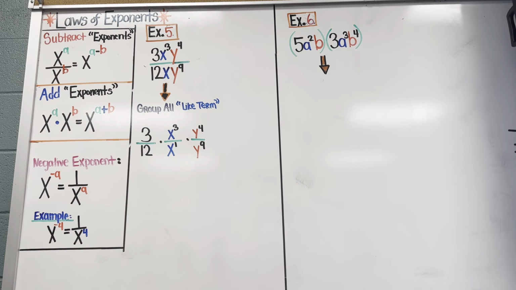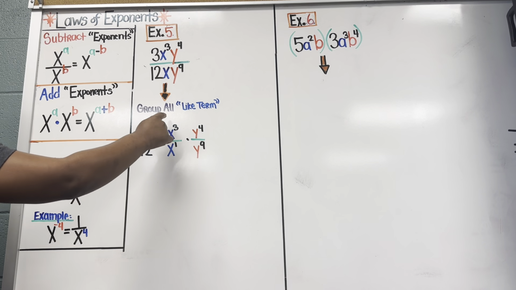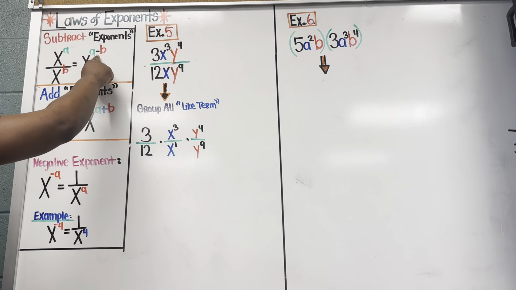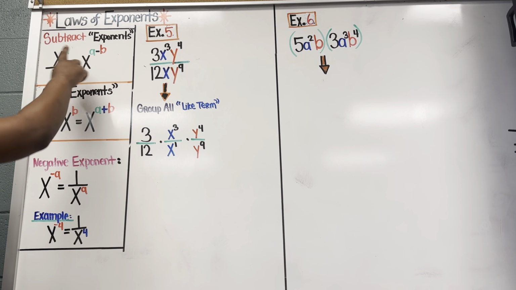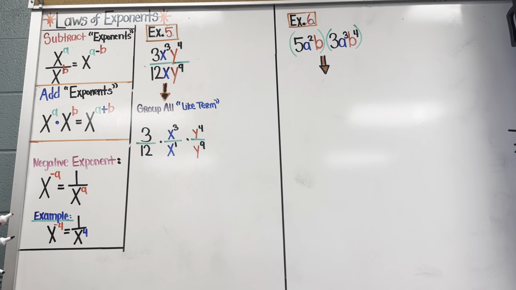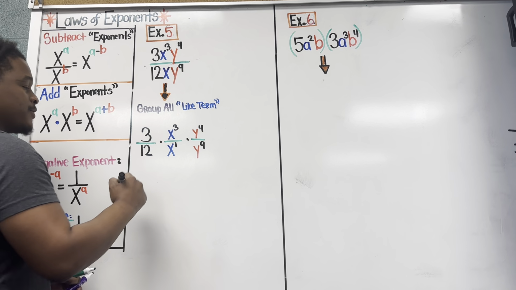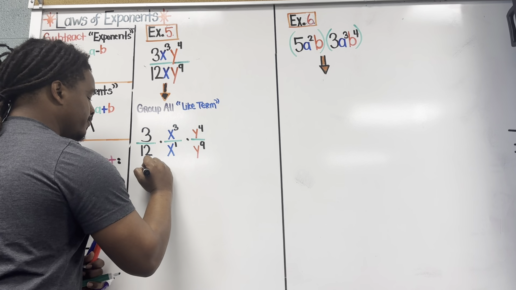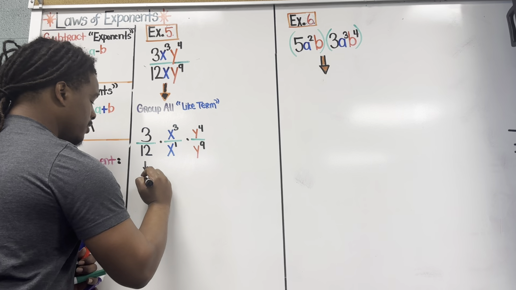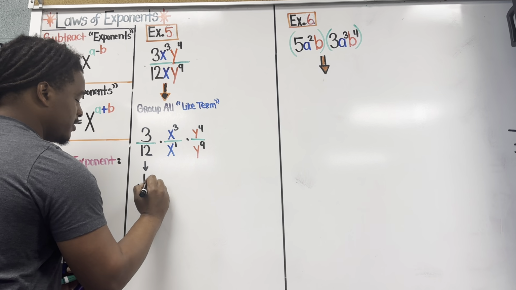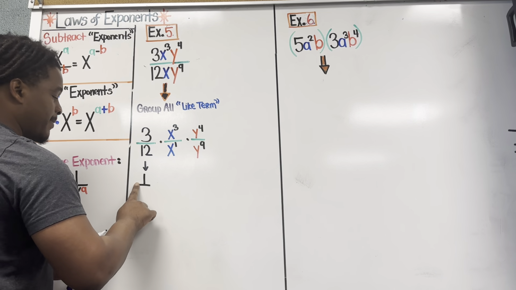Now remember, guys, whenever we're dividing values that have exponents, we're going to divide the values, but we're only going to subtract the exponents. That's how we actually do that, okay? So we can simplify 3 over 12 to 1 over 4, because 3 divided by 3 is 1, and 12 divided by 3 is 4.